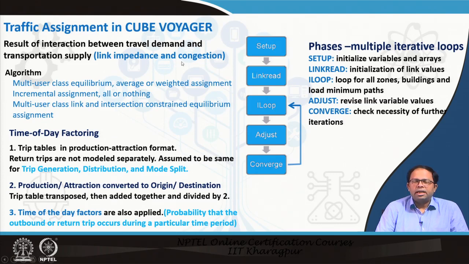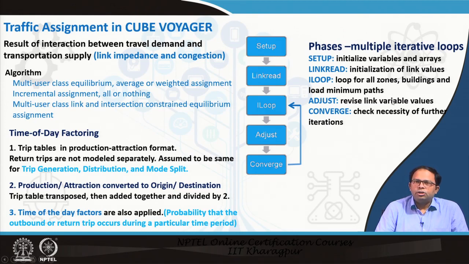These are the two data that get updated. In these particular steps, the first step is of course setup, where we initialize the variables and arrays. Then we have link read, the initialization of the link values, the first set of values. Then we have the loop, and here we loop for all zones, buildings, and load minimum paths.